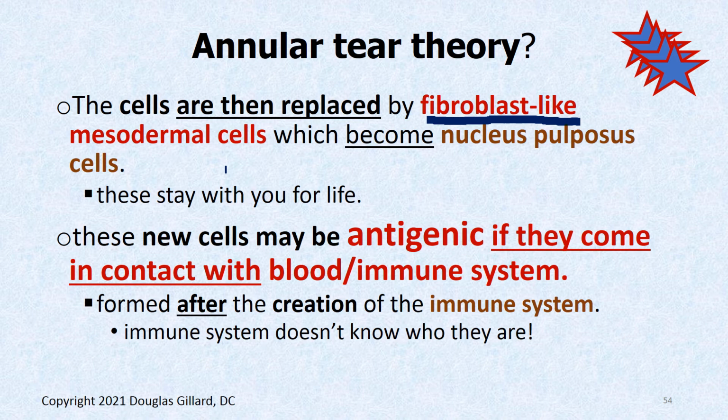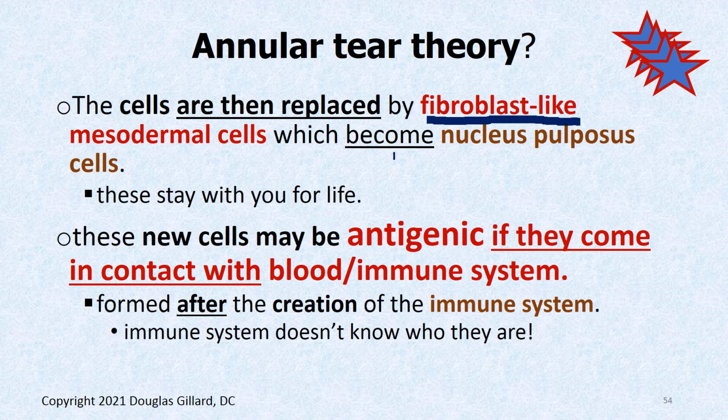They still produce proteoglycans just like the old notochord cells, so there's no difference there. And the trouble is, remember, the inside of the disc is completely avascular. So the immune system, this is the theory anyway, doesn't know who they are.